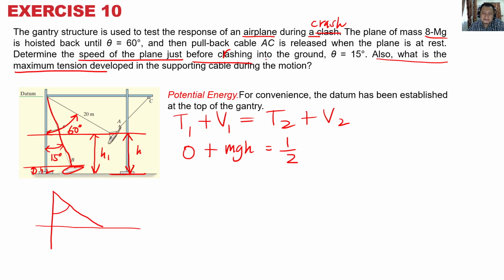So half m v squared plus mgh. So okay, we have to solve the trigonometry first. We have to find this height, the difference.